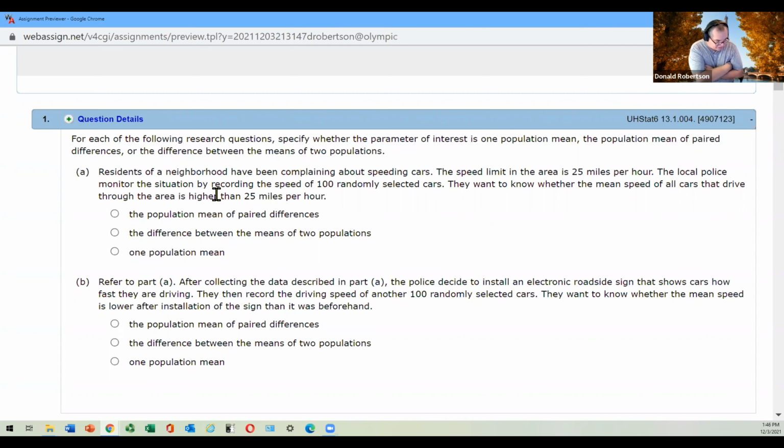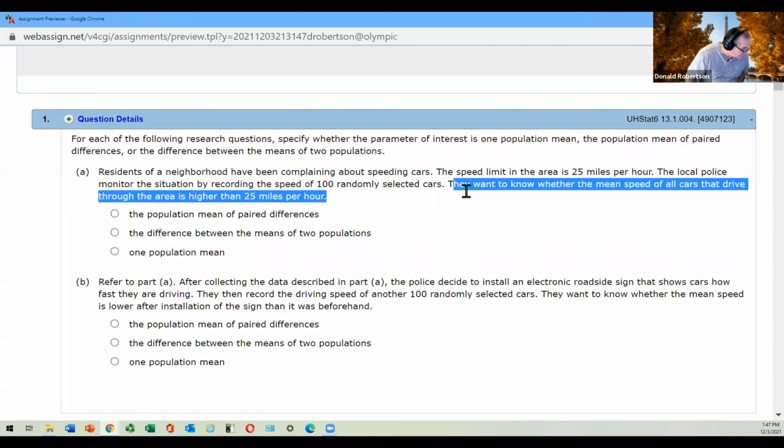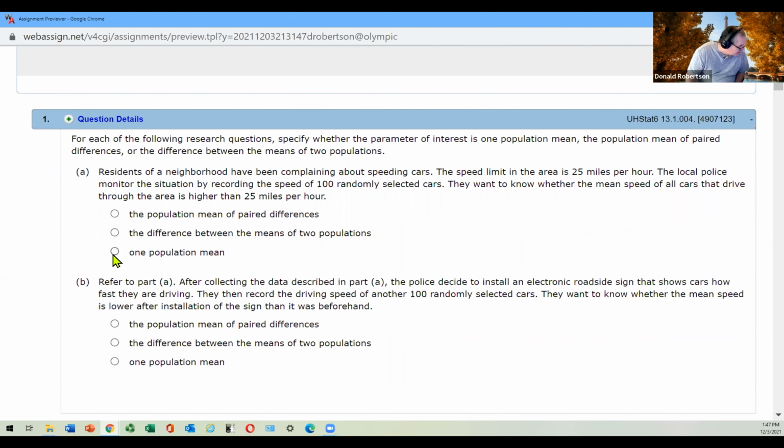The speed limit in their area is 25 miles per hour. The local police monitor this situation by recording the speed of 100 randomly selected cars. And what they want to know is whether the mean speed of all cars that drive through this area is actually too fast, right? Bigger than 25.